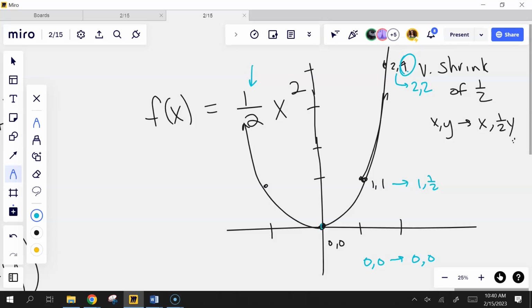Now I've got (0, 0), (1, 1/2), and (2, 2). Do you see why? Every point on the parent gets impacted by this vertical factor. Whether it's shrink or stretch, I take that number and multiply every y by it. Does that make sense? Are y'all okay?